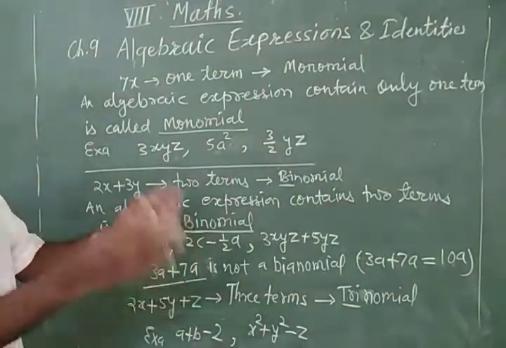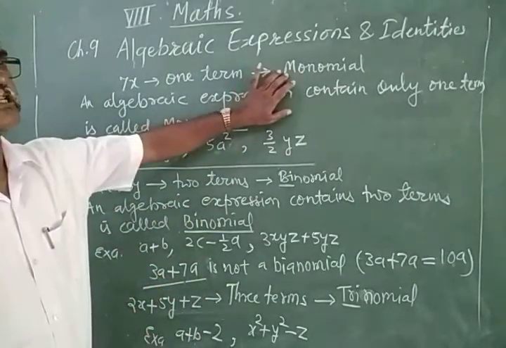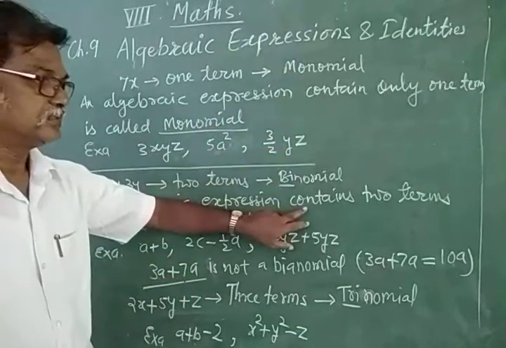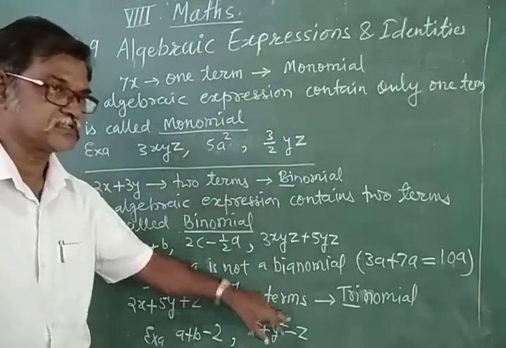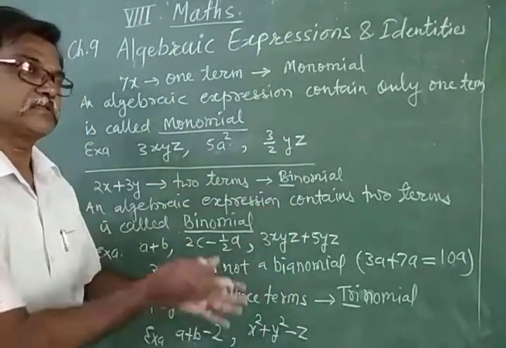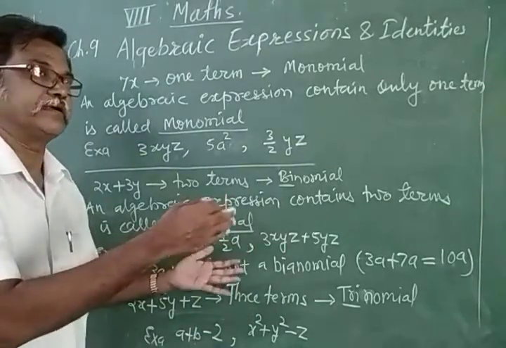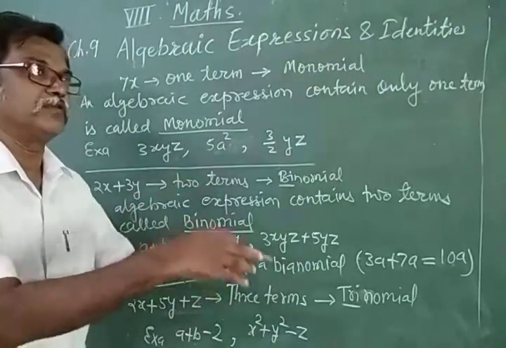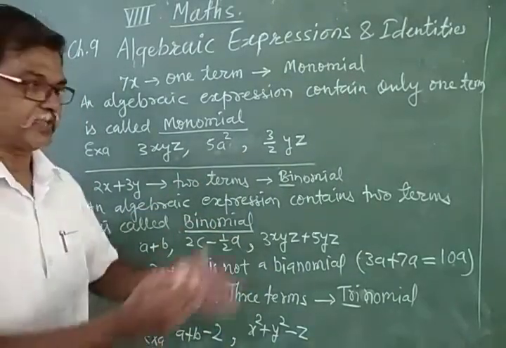In general, a polynomial contains 1 term, it is special type monomial. A polynomial contains 2 terms, it is binomial. 3 terms, trinomial. 4 terms, we can say it is a tetranomial, polynomial with terms 4. You can say like this.